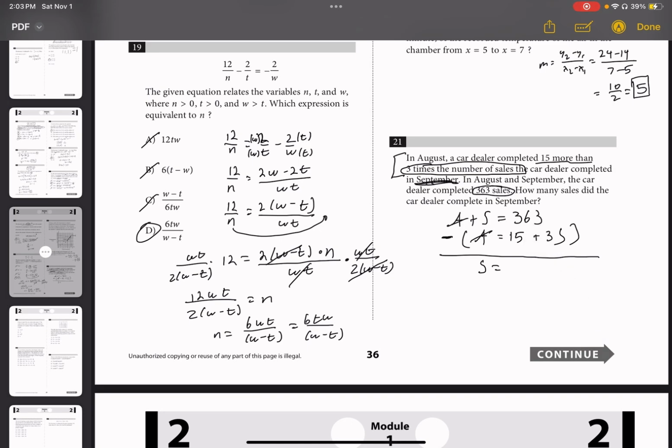Remember, you can always use your calculator. 363 minus 15 is going to give you 348 minus 3S, and you get 4S is equal to 348. Divide both sides by 4, and that gives you 87. And that's going to be your answer for how many car sales there were in September.